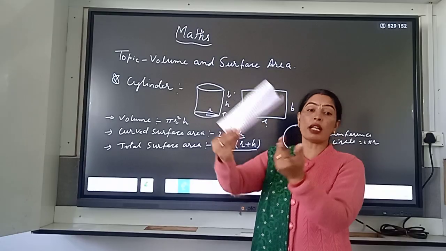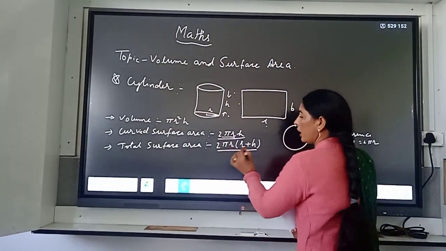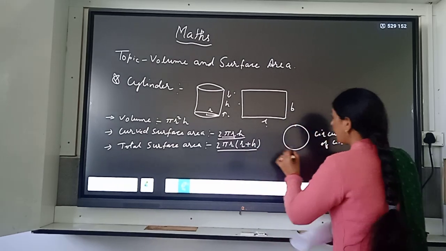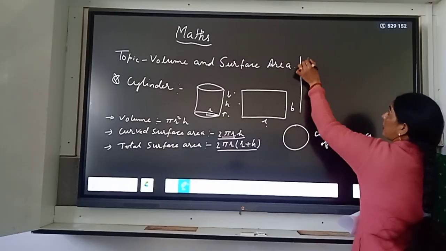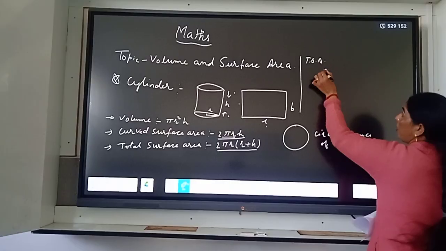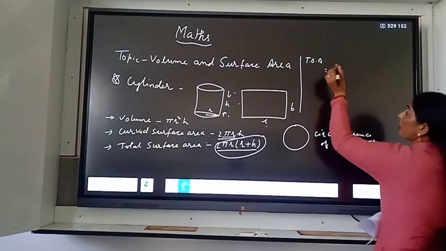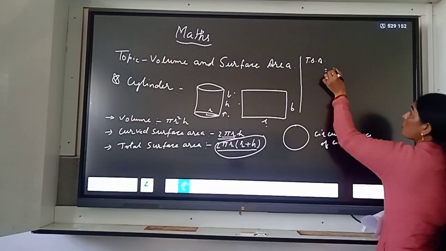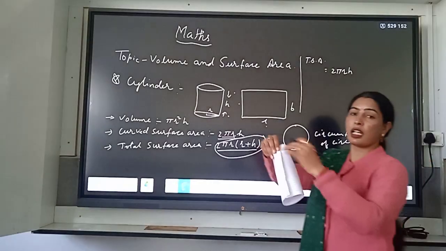If we add all of these, then our formula is: surface area 2 pi r h. Okay, that is the covered surface area.